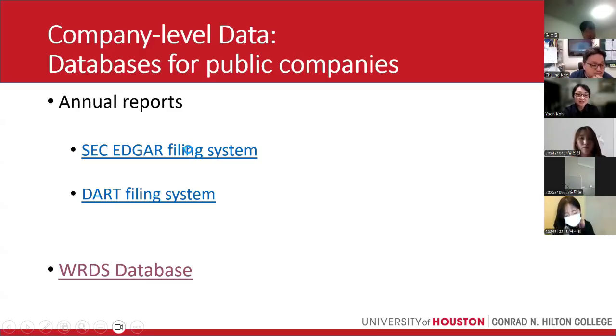The EDGAR filing system is one of the things that I use. It stands for electronic data gathering, analysis, and retrieval system, and if you do a search, you can access their annual reports.